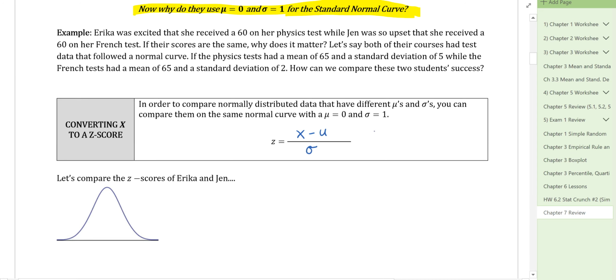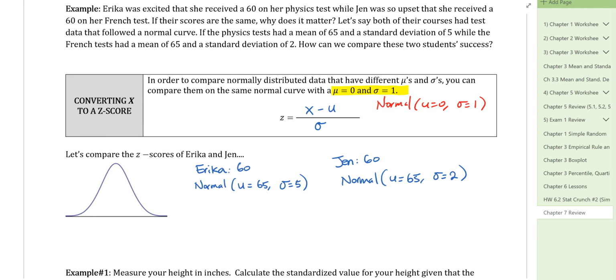So standard normal is normal 0, 1. We usually write it as normal with mu equal to 0, standard deviation equal to 1. That's standard normal. We can write down the information for both Erica and Jen in the same manner.